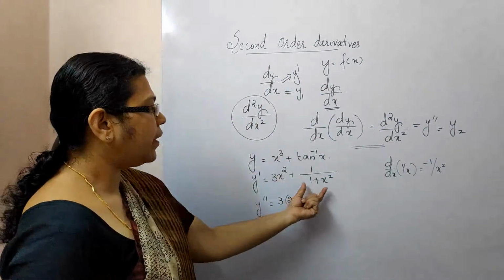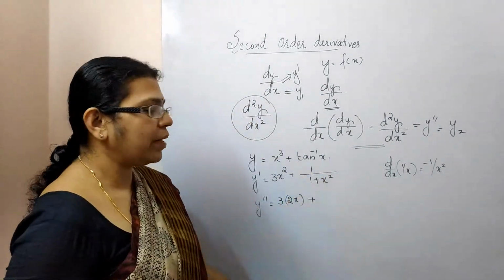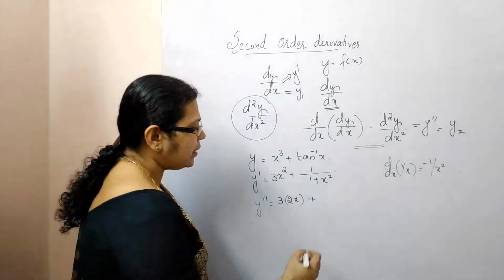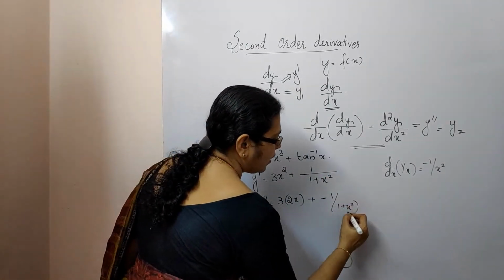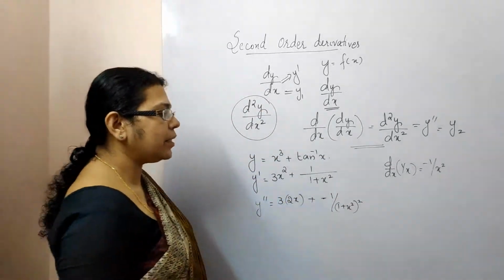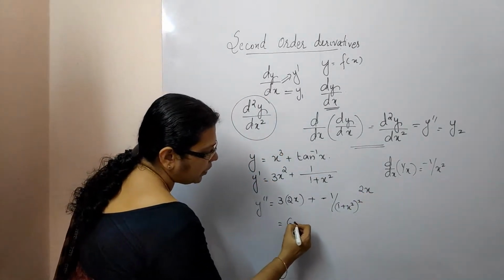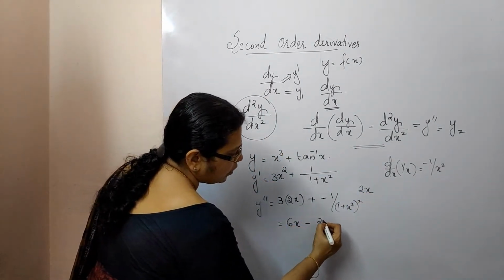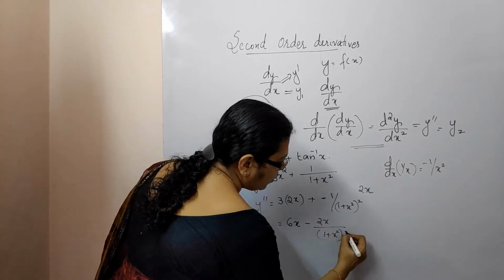So here if I consider the entire denominator as x, the derivative of 1 by 1 plus x square is minus 1 by 1 plus x square the whole square, and the derivative of 1 plus x square is 2x. So that gives me 6x minus 2x by 1 plus x square the whole square.